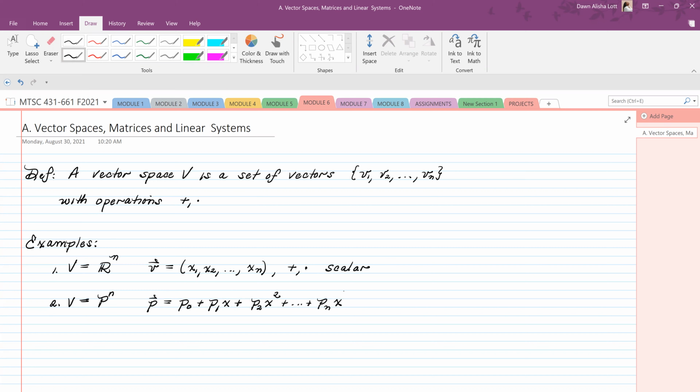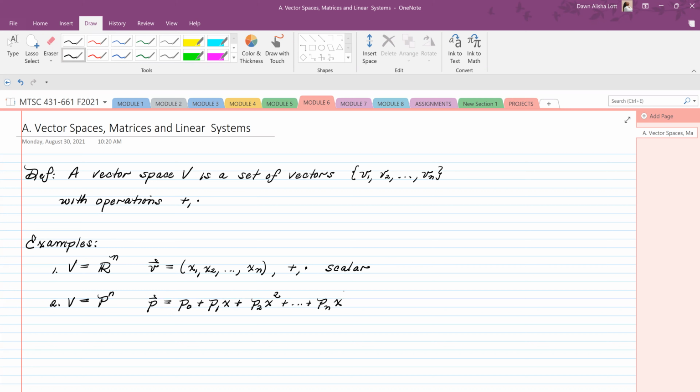Everything there, all the Pi's are real numbers. All right, so that's 2 different vector spaces that we know of.